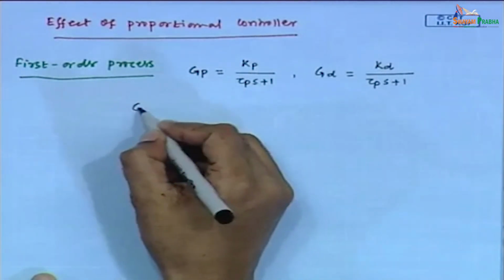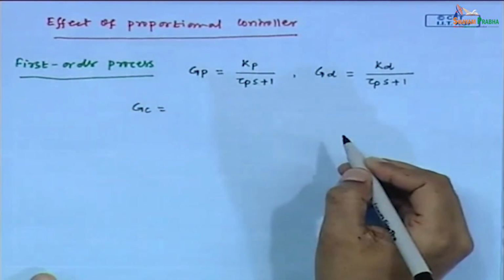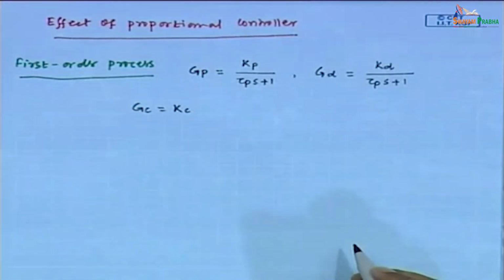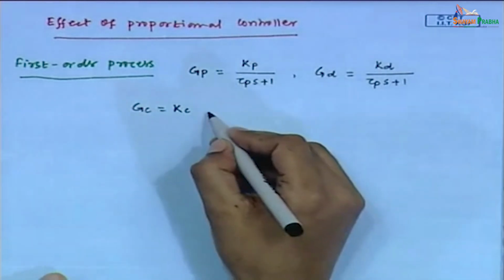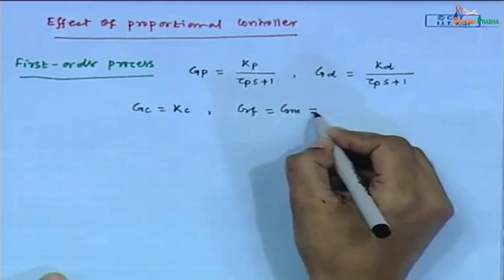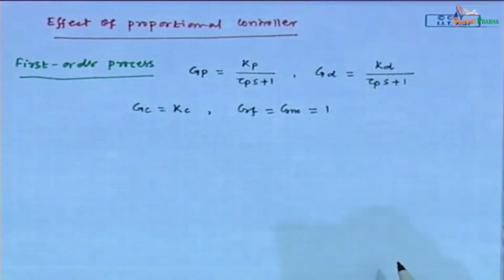So, the transfer function of the proportional controller is G c equals K c. The transfer function for the P only controller can be written as G c equals K c. And for simplicity, we are assuming G f and G m both are unity. For simplicity, we are assuming the transfer function of measuring device and final control element both are unity.